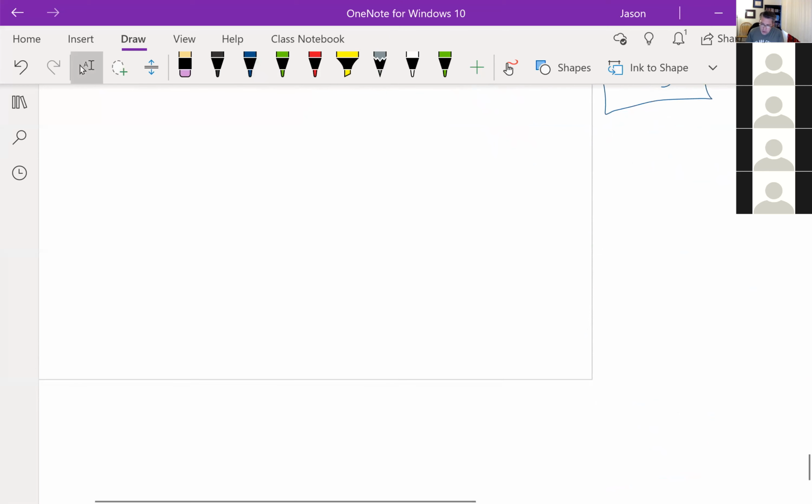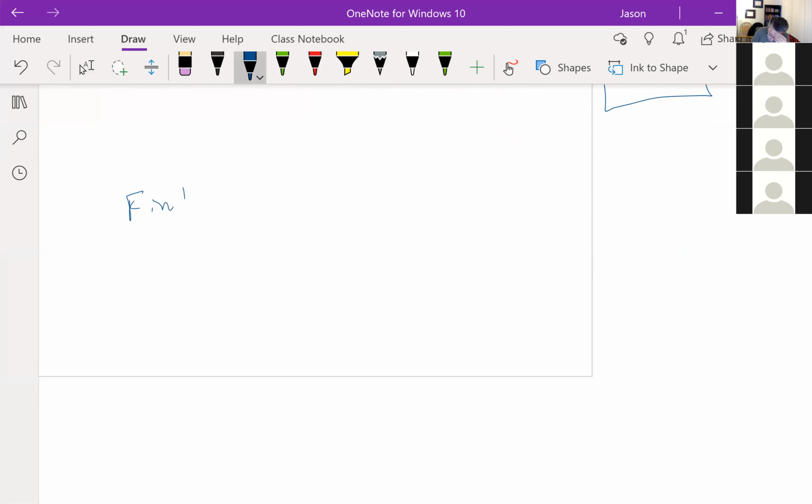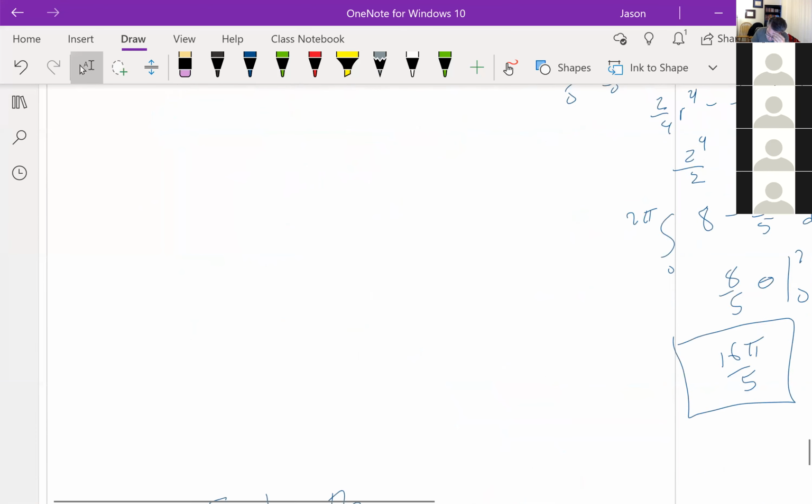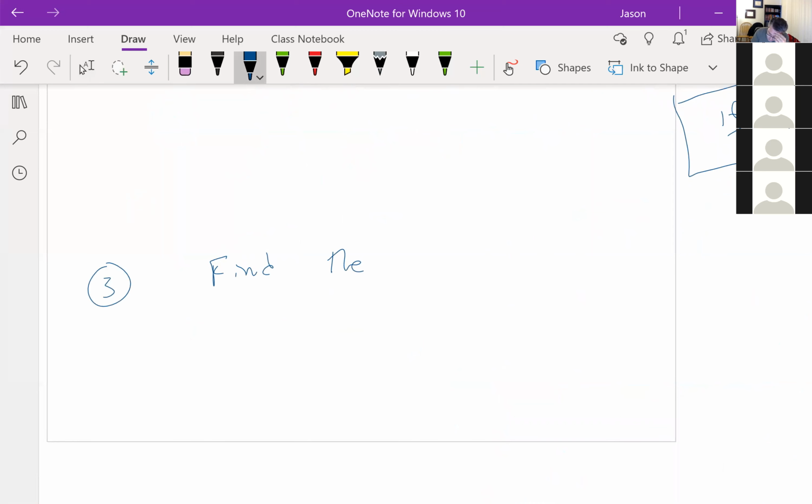What happens if we want to find the volume of something? Let's do the last one here, very real quick. Let's call this number 3.